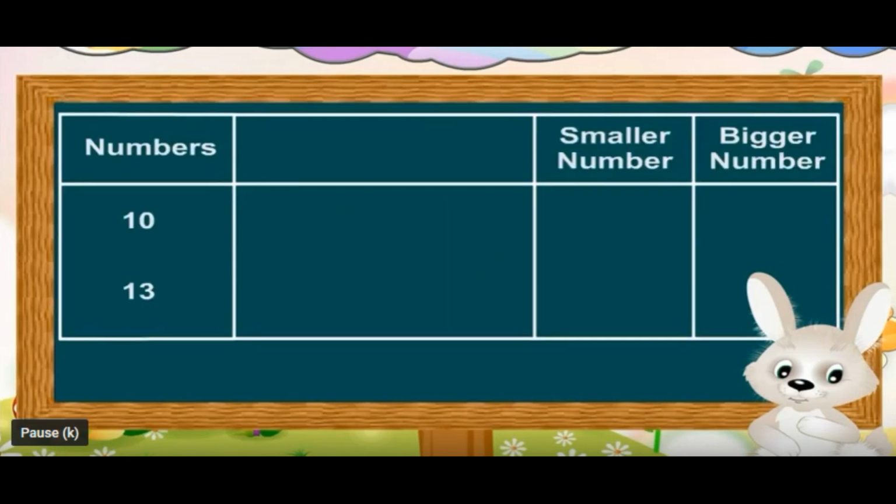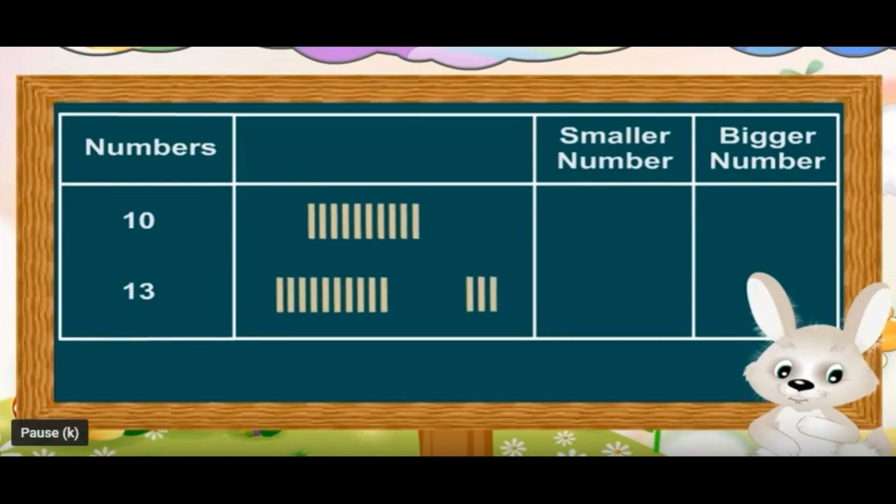Now 10, 13. Draw 10 lines for number 10 and 13 lines for number 13. Now count 10 lines in each number and encircle them. You have created a group of 10 in each of the numbers.